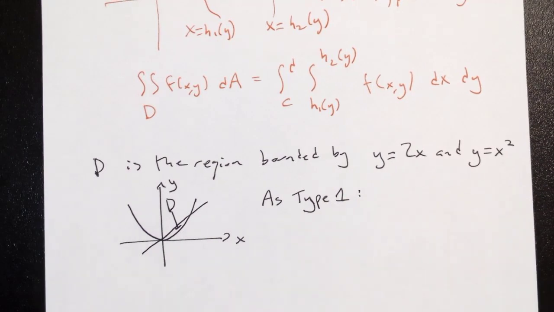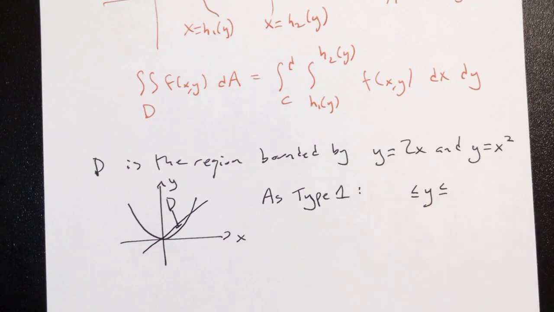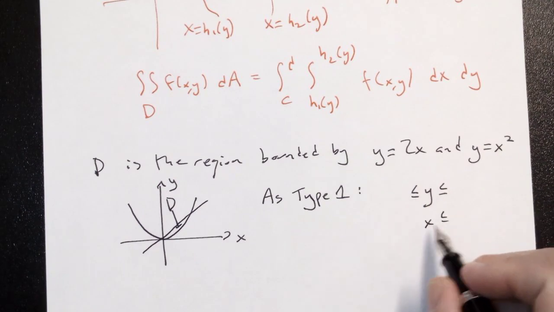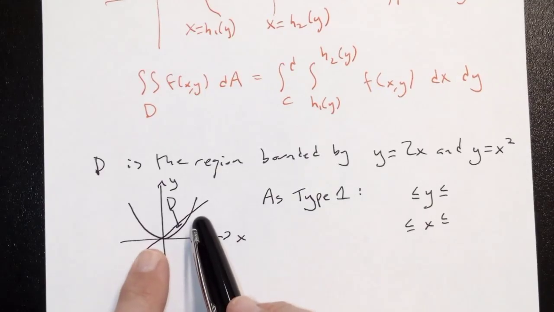then you would need to write y bounded by functions and x bounded by numbers. So I asked you, what are the appropriate functions for the lower bound and upper bound? What are the appropriate constants for the left edge and the right edge? I have to make them equal to each other to figure out where these two things cross, right?